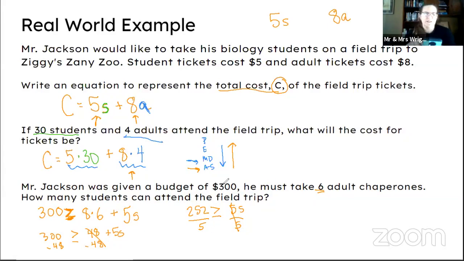Pull out my handy dandy telephone calculator here. 252 divided by 5 is 50.4. Okay, so in order to stay on budget, S has got to be less than or equal to 50.4 students.